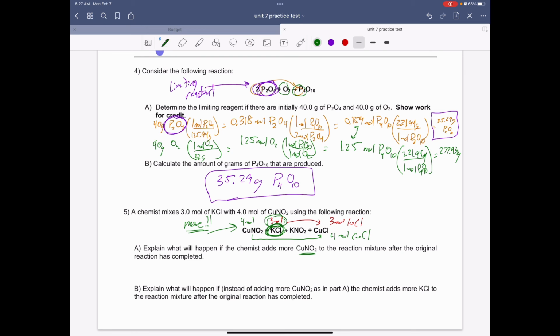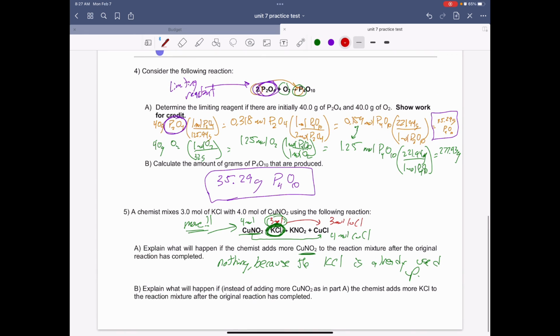So once that's all used up, you can't make any more of that. You can't make any more product. So it doesn't matter if you keep dumping in copper nitrate. It's not going to react with anything because the potassium chloride's already gone. It's already been used up. So what will happen? Nothing, because the potassium chloride is already used up.